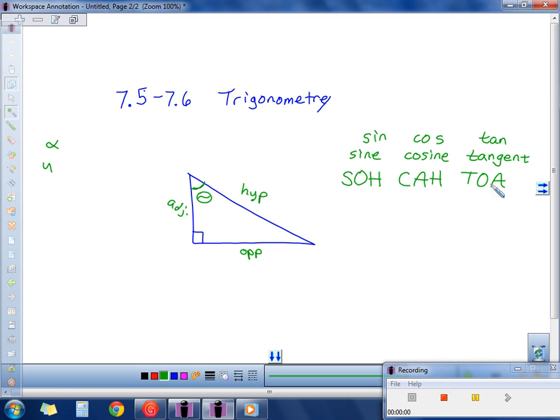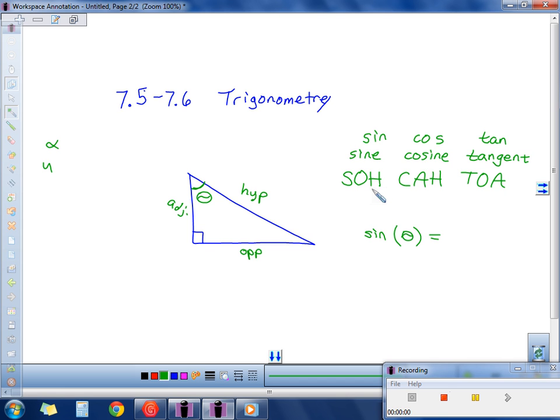The first one deals with sine. When you have sine of a particular angle, we'll say sine of some angle, in this case theta. Sometimes they'll put a letter there like angle A or something, but in this case, it's angle theta. Sine of angle theta deals with these two letters, O and H.